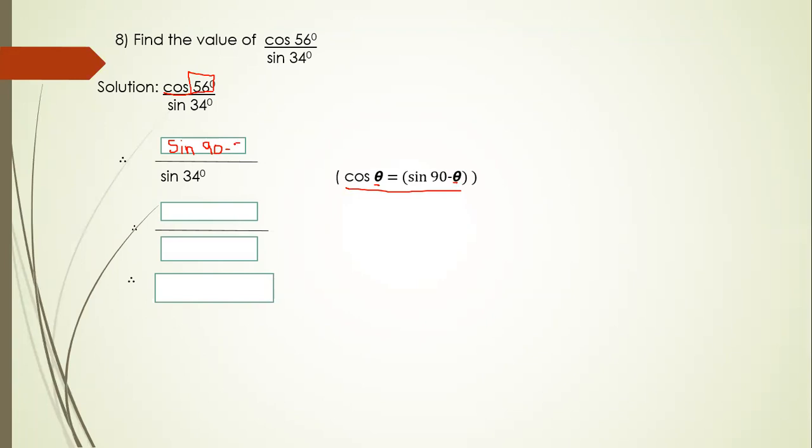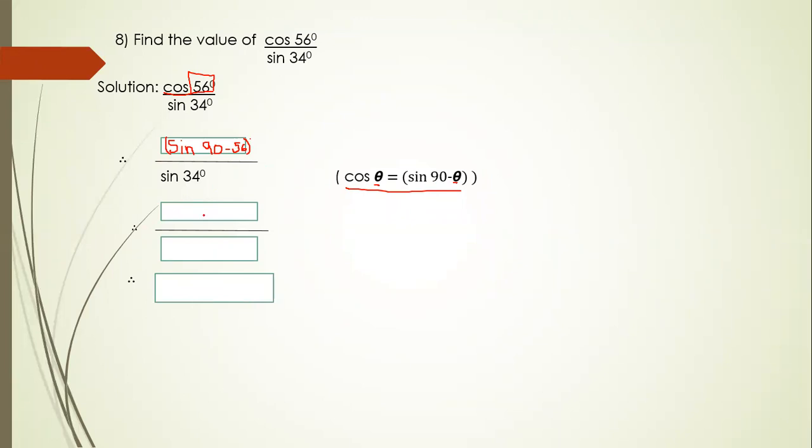So here I am writing 90 minus 56 degree. Let me put it in the bracket and put degree sign. So what I did, in place of cos 56 degree, I have applied this formula. In place of cos 56, I have written sine 90 minus 56 degree.